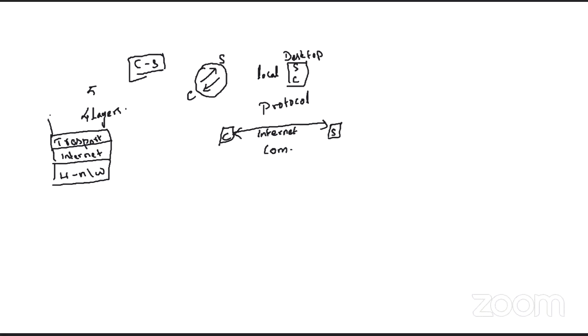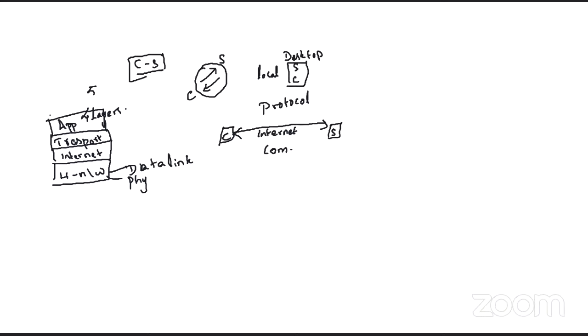The last layer is represented as the application layer, right? This host to network layer can be further divided into physical layer and data link layer if required. In some applications or documents, they will represent the physical layer and data link layer separately. Otherwise, both will be combined into the host to network layer, right?